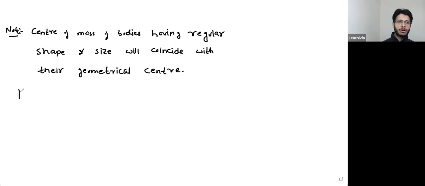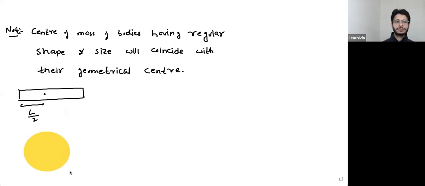Means if you have a rod, then the center of mass will lie at the center of the rod. If you have a disk, the center of mass will lie at the center of the disk. If you have a square, then the center of mass will lie at the center of the square.